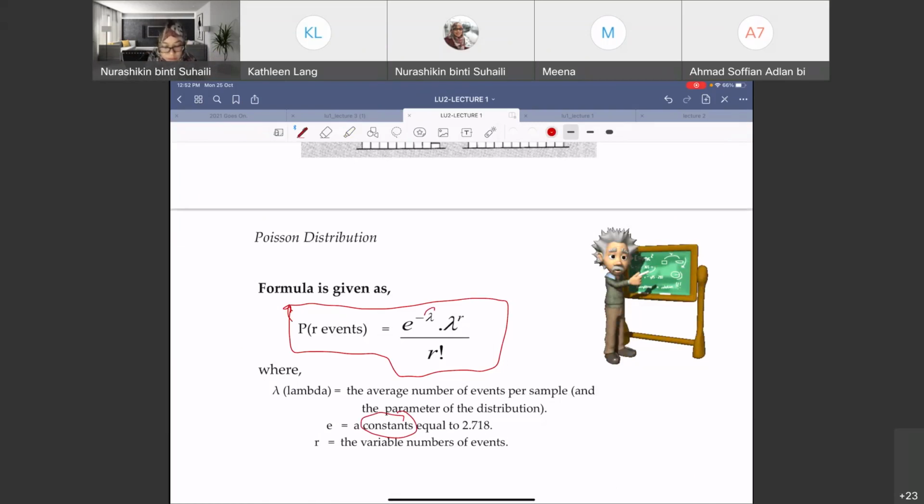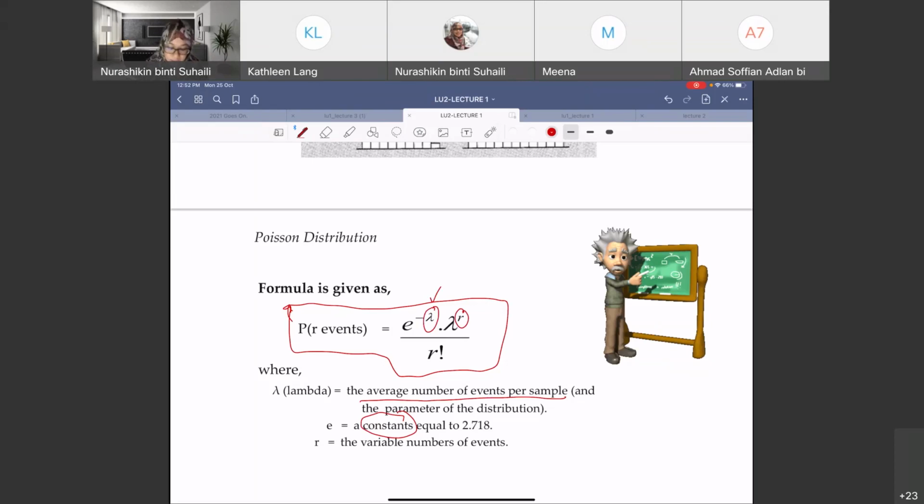What you have to know is the lambda. Lambda is the average number of events, or the mean. And then R. R is the number of events that you are analyzing, the same thing as binomial just now. So if you are analyzing only one event, the R is 1.